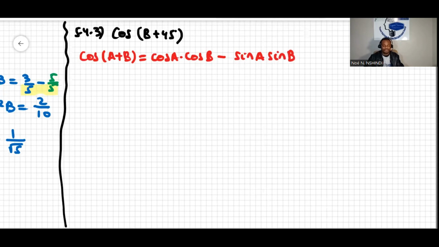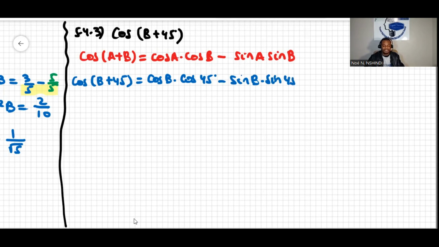So in this situation, our a is b, and then our b is 45 degrees. So if I want to work out cos of b plus 45, this will be cos b times cos of 45 degrees minus sine b times sine 45 degrees.